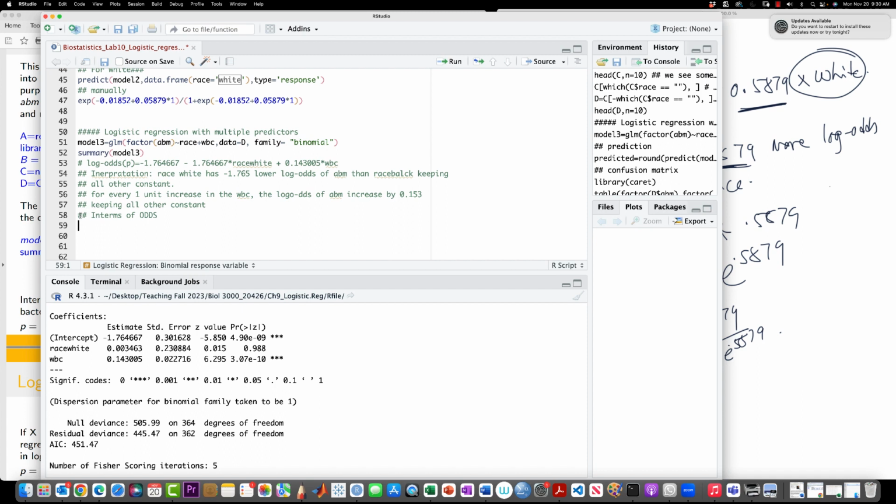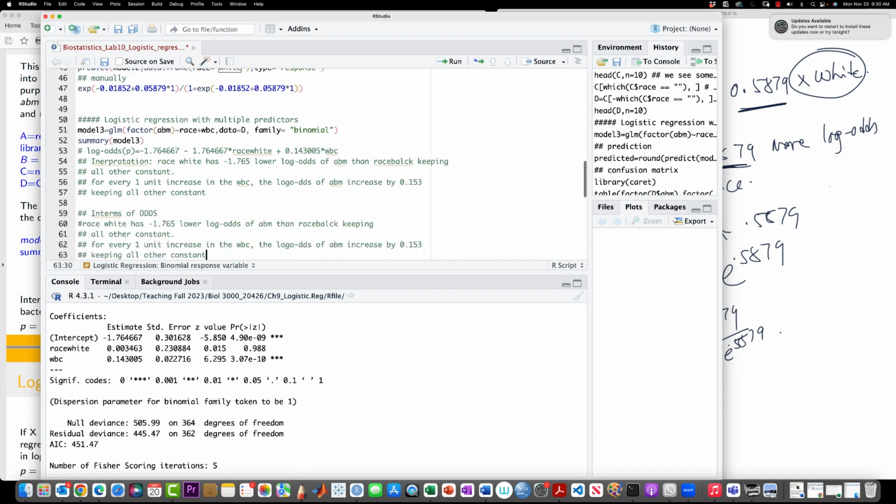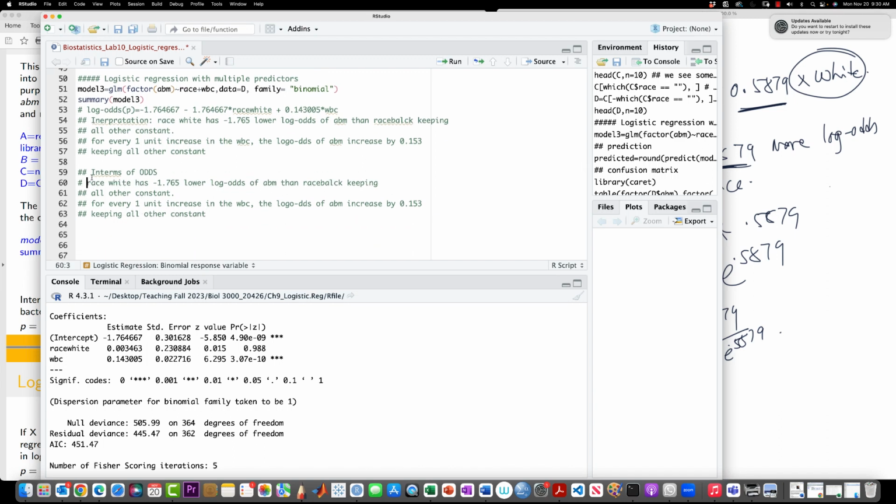So you will write, let's say, race white has e to the that lower odds, not log odds, because we removed the log and took the exponential on both sides. And then for every 1 unit increase in WBC, the odds of ABM increase by e to the that. Okay, that's how we interpret the result.